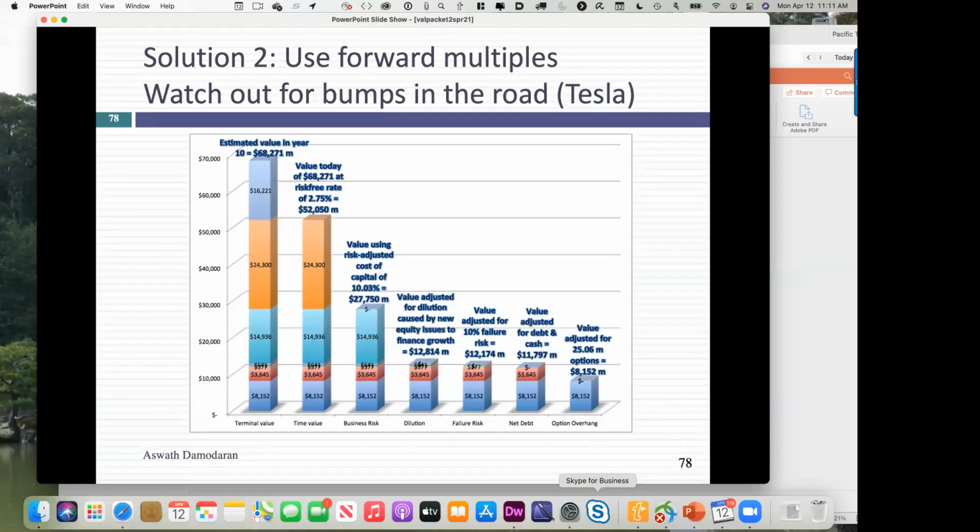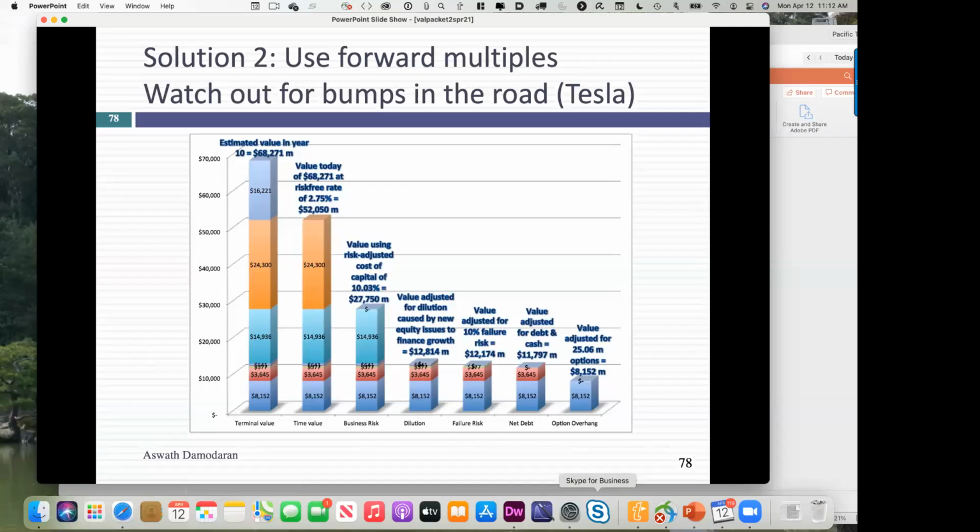The one thing you have to be careful about is, let's say your year 10 revenues are $30 billion, and you decide that the multiple of revenues you'd pay would be 3 times revenues. 3 times 30 billion is 90 billion, right? But that's in year 10. You know what you still have to do, right? To get the value today, because you're paying for the stock today, you've got to bring it back to today.